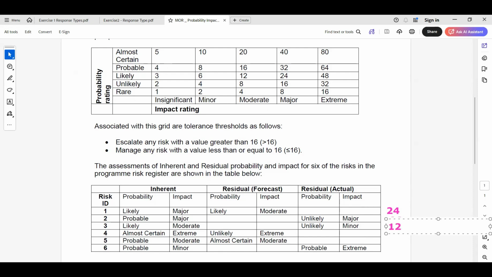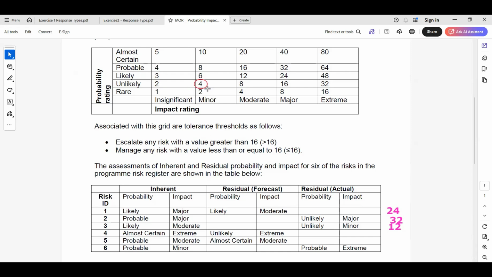Now, tell me one thing. You can do it for every other risk. Using this table, can you set up some risk thresholds? For example, you can set up a threshold here, let's say 4.